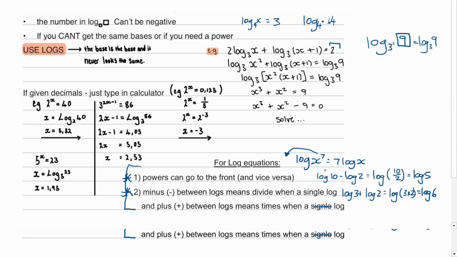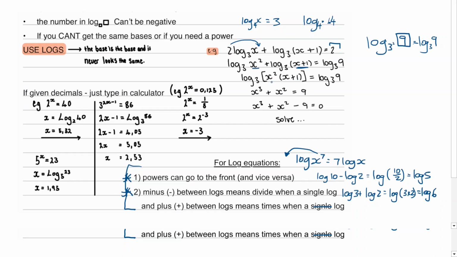The other rule that we spoke about here is that the number in the front becomes the power. And so there it is. The reason I do that is so I can do the second law that I spoke about, where there's a positive, you're going to times the two terms together. So you don't want stuff stuck in the front of a log when you get to that step. And so it's just x squared times x plus 1.